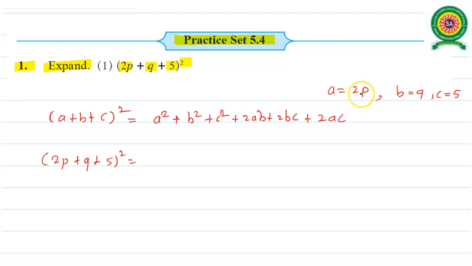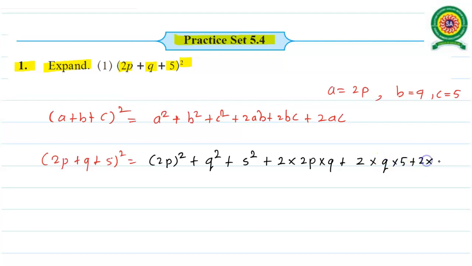We have a equals 2p, so we get (2p) the whole square, plus b value q, so q square, plus c value 5, so 5 square. Then plus 2 times ab, so 2 times 2p into q, plus 2 times bc, so q into 5, plus 2 times ac, so 2p into 5.